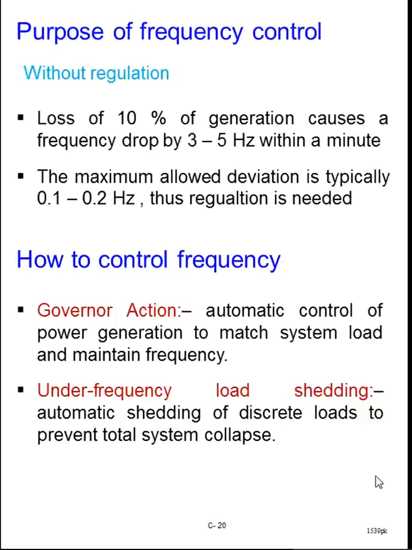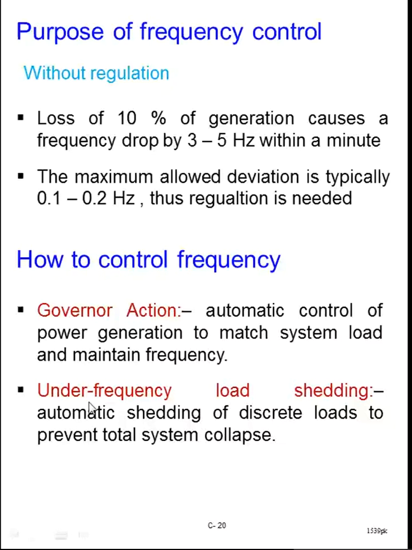And then at another instant we feel that still we are not able to get the frequency in a narrow range. Then we feel that okay, we have 0.3% drop in the frequency, so 10% load cutout. So depending upon how much drop in the frequency takes place, step by step in a discrete form, we have an automatic cutout of the load here.